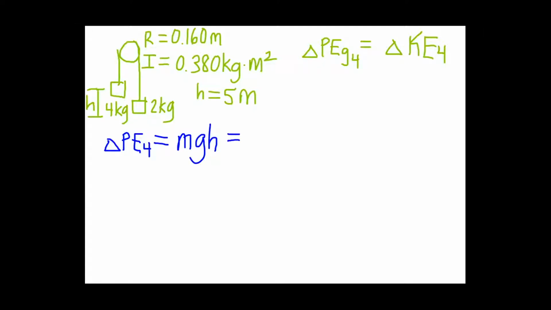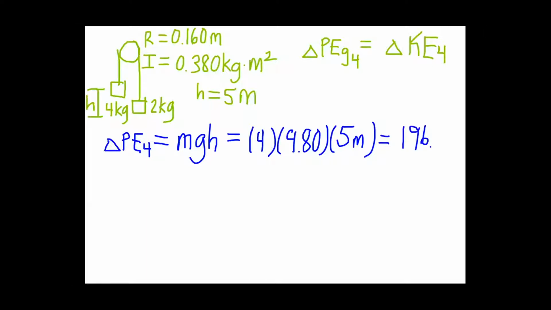That would be 4 kilograms times 9.80 meters per second squared, times our height, which is 5 meters as we were given. And that would give us an energy of 196.2 joules. So that is the energy present at the beginning with the 4 kilogram block.